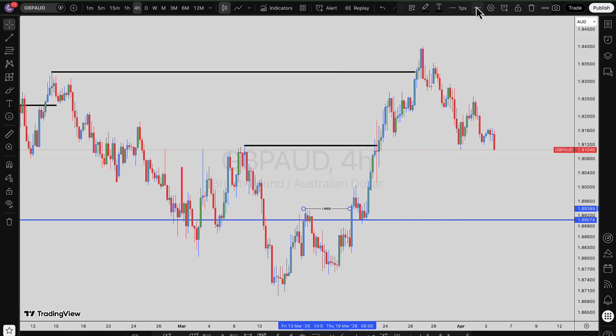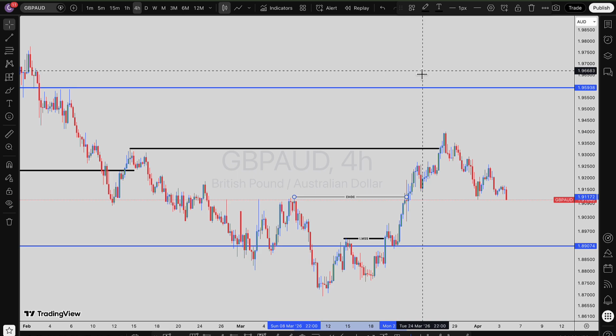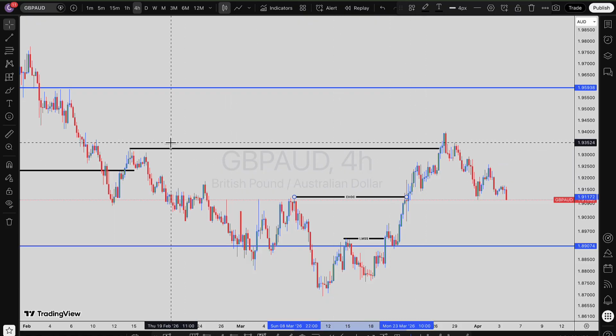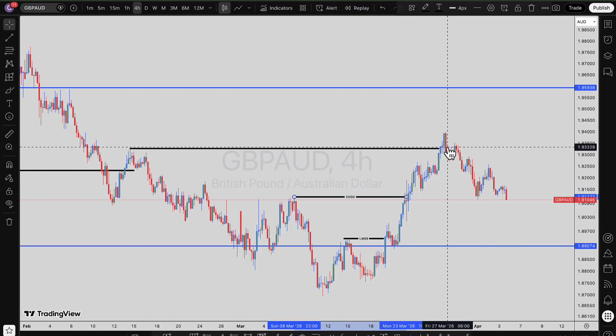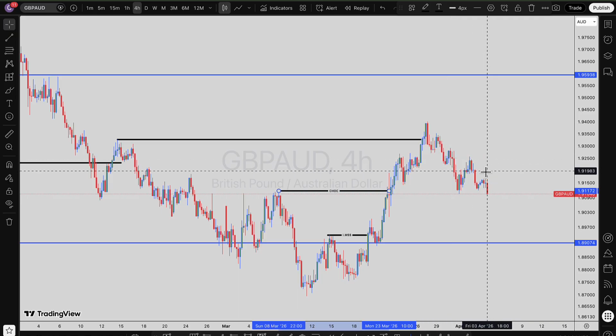And we have another structure taken out right here, which you can as well call a choke, whatever you want to call it. We call it a choke. Now we took out two low highs, and we're about to take out the third one before price got a sweep. So now next week, what are we expecting on this asset?